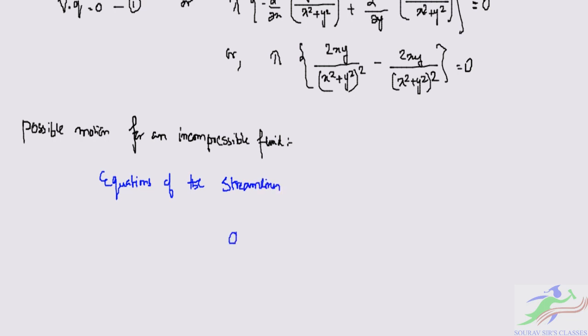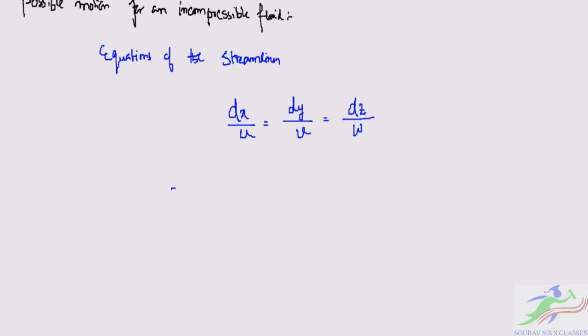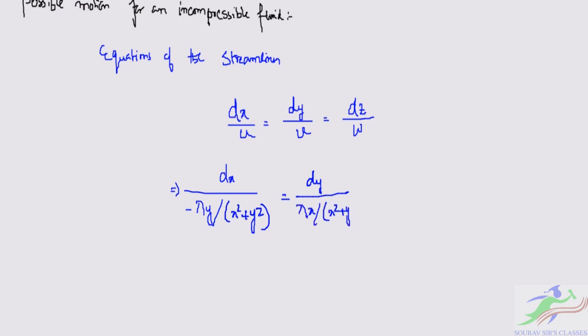These are dx by u is equal to dy by v equal to dz by w, or we can write this as dx by minus lambda y by x square plus y square, equal to dy by lambda x by x square plus y square, equal to dz by 0.